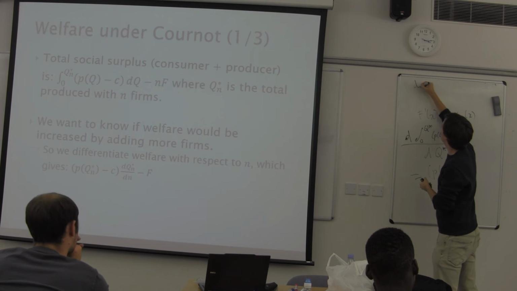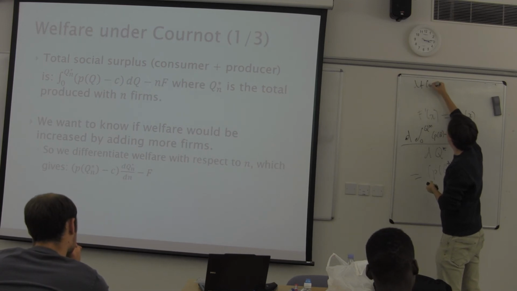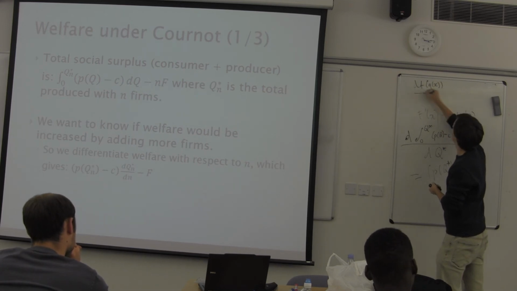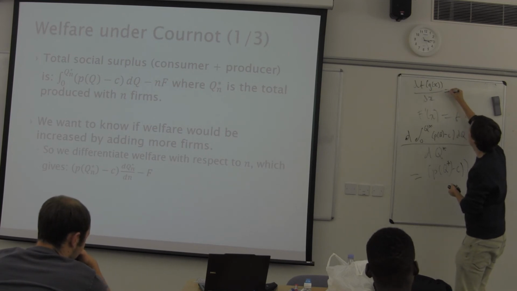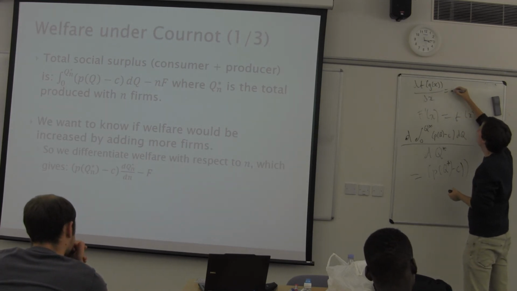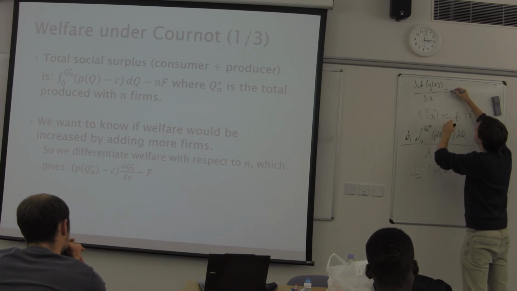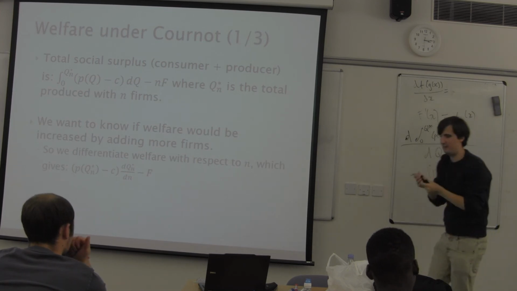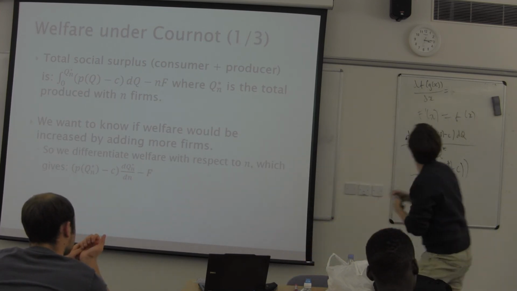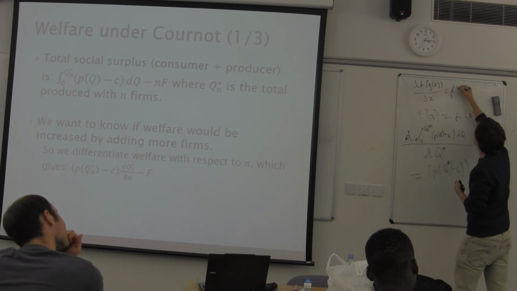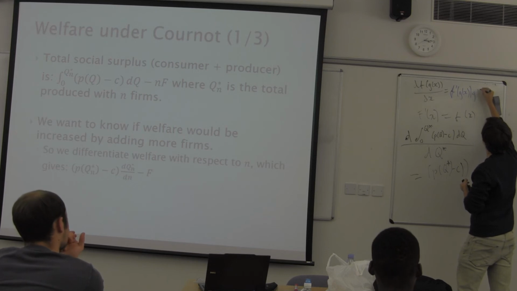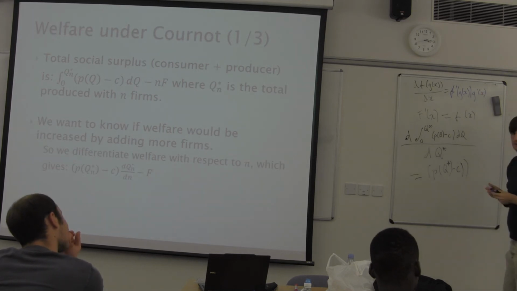So if you've got the derivative of f of g of x with respect to x, that is f dash of g of x times g dash of x.